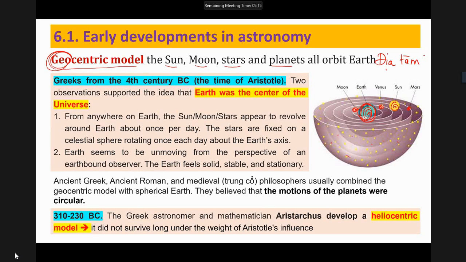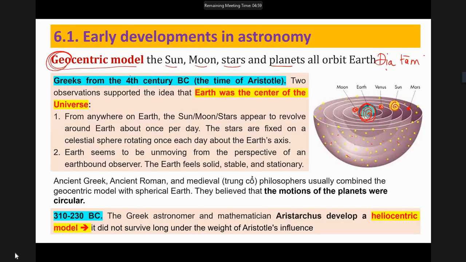It is the first model of the universe, the geocentric model, and it lasts long from the 4th century BC, before Christ.